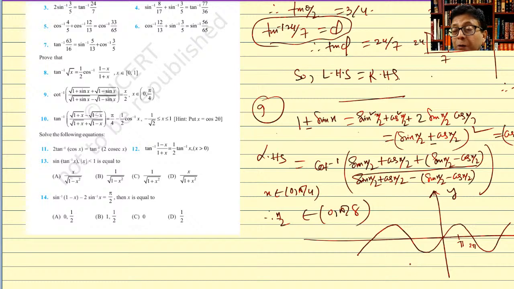So, the graph of cos x by 2 is going to be approximately like this, and the point of intersection here is at pi by 2. Before pi by 2, on this part cos x by 2 and on this part sin x by 2, cos x by 2 minus sin x by 2 is greater than 0.